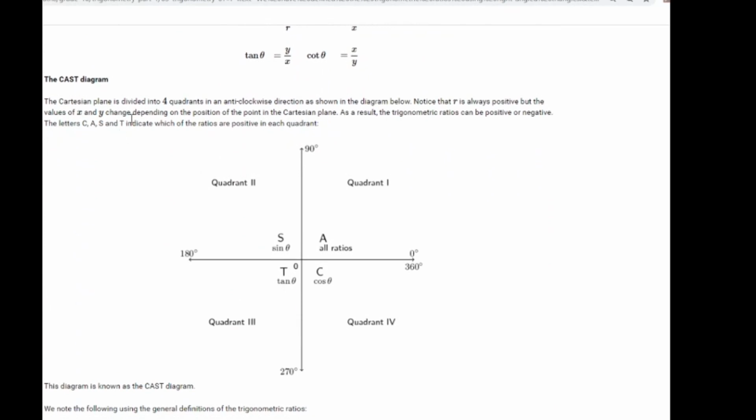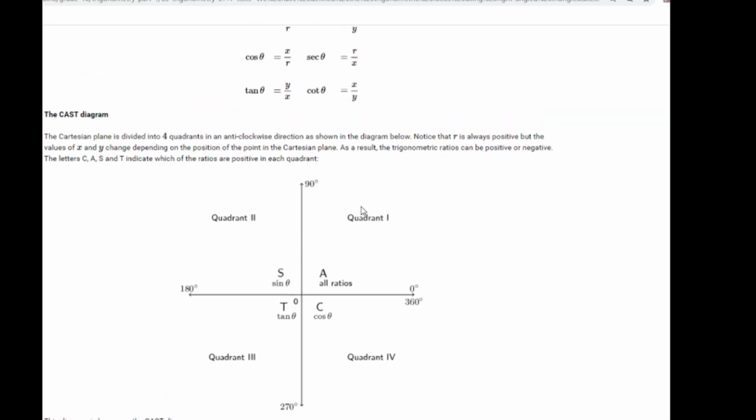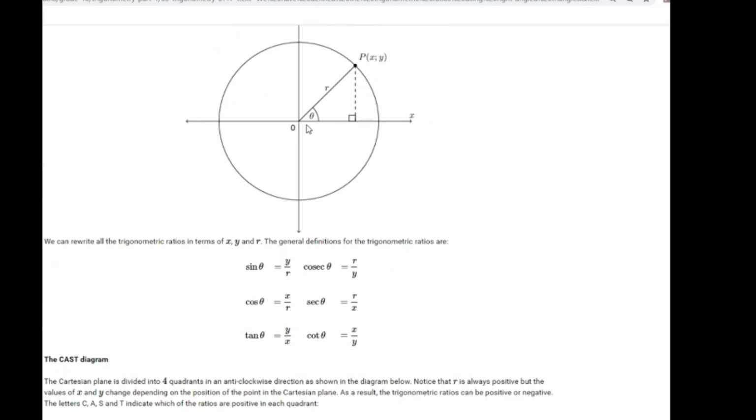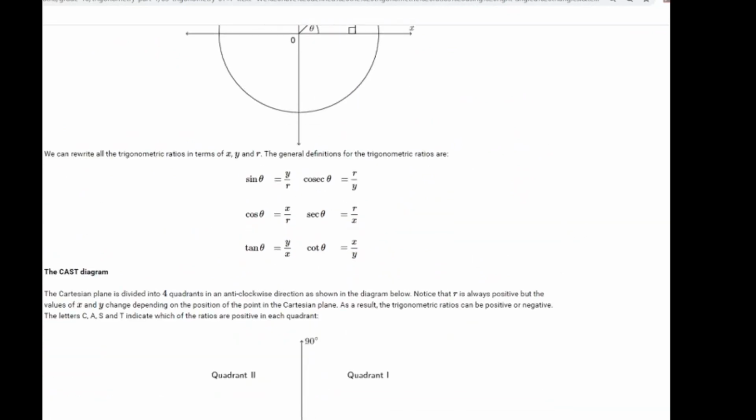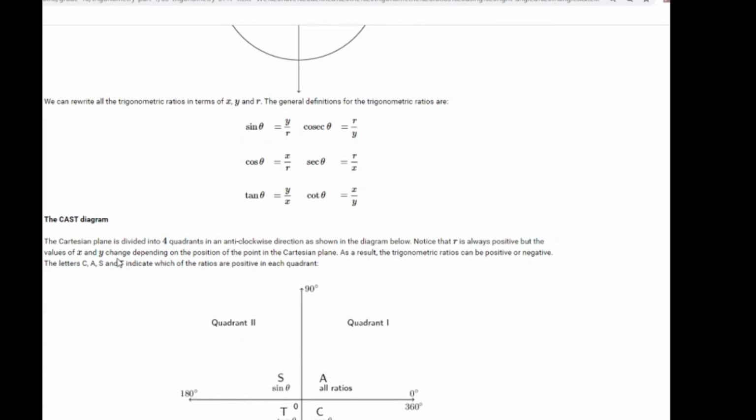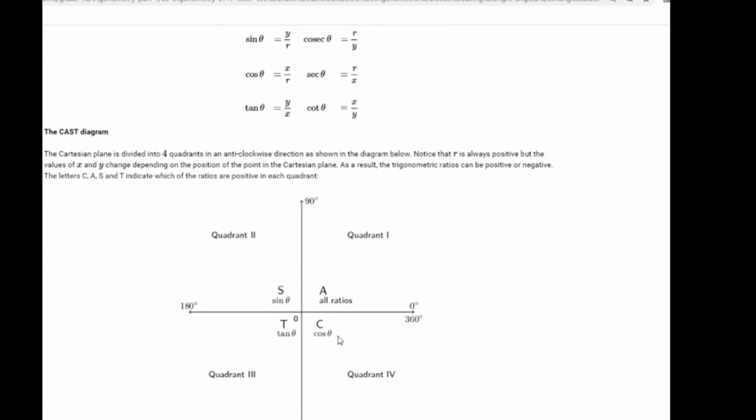Now the Cartesian plane is divided into 4 quadrants. The first quadrant, second quadrant, third quadrant, and the fourth, in an anti-clockwise direction, as shown in this diagram below. Notice that r is always positive, but the values of x and y change depending on the position of the point in the Cartesian plane.